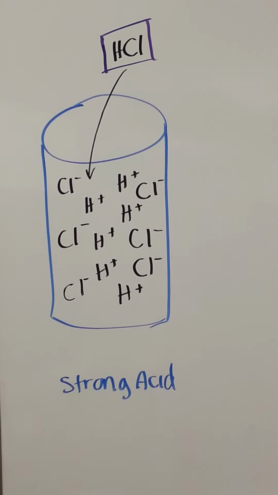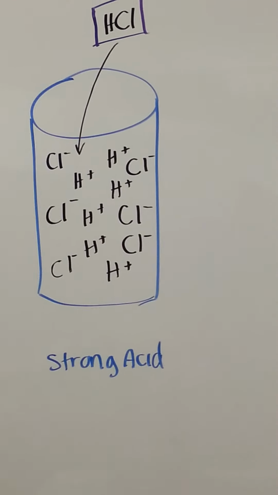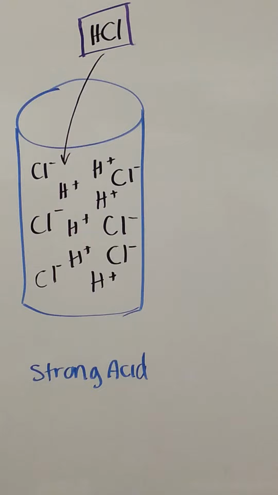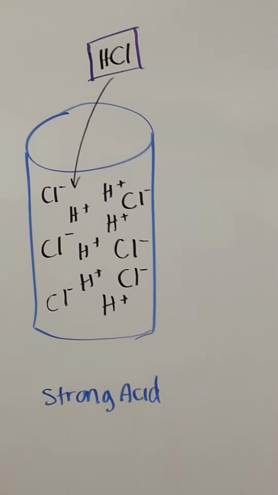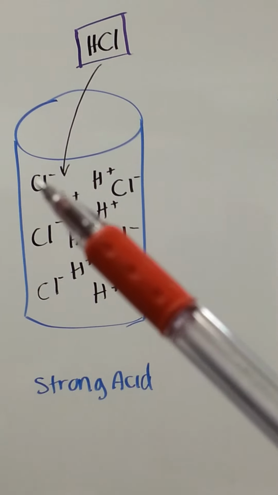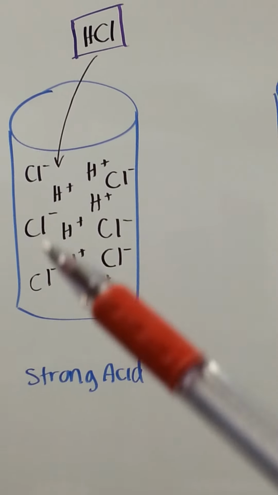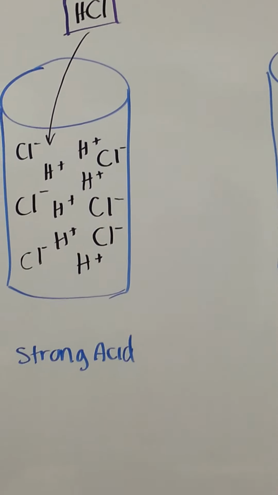A strong acid such as hydrogen chloride dissociates completely into ions. As you can see, once hydrogen chloride up here enters the water, it breaks down into ions. So it dissociates completely, so it's going to have a dramatic effect on pH.